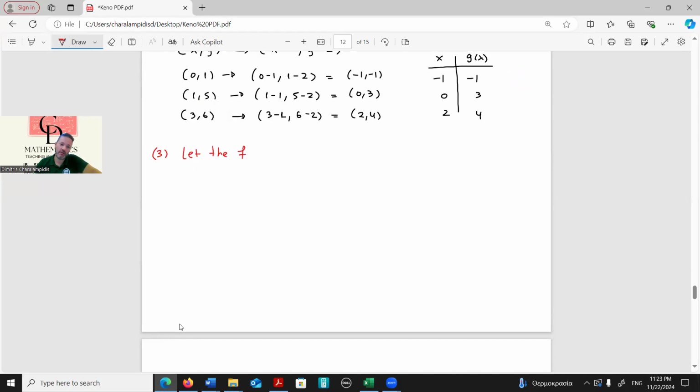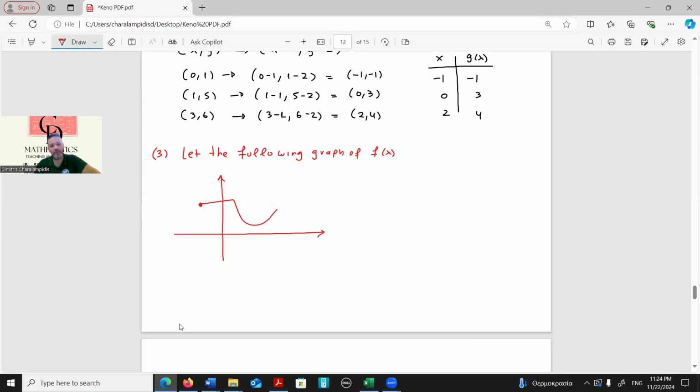Let the following graph of f of x, and let this graph be this. And let that be it.